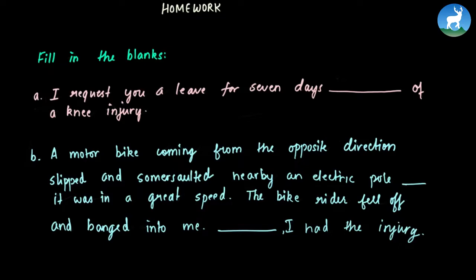Again, we need a cause and effect connective here, because the bike being at great speed is the cause and slipping and somersaulting nearby an electric pole is the effect. The bike rider fell off and banged into me. Blank, I had the injury. Here we are concluding it, so we need a conclusive connective.